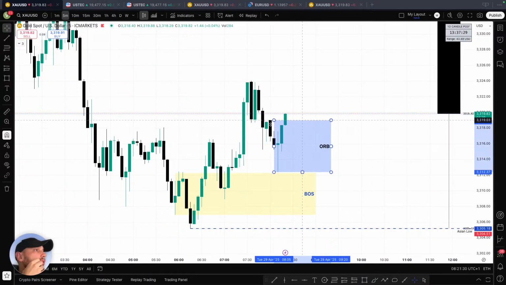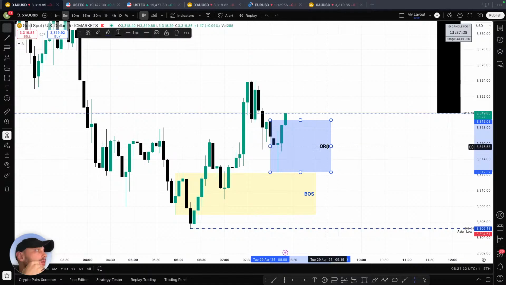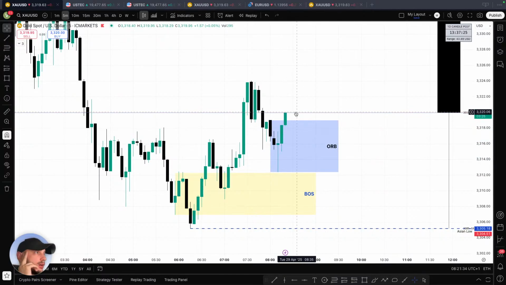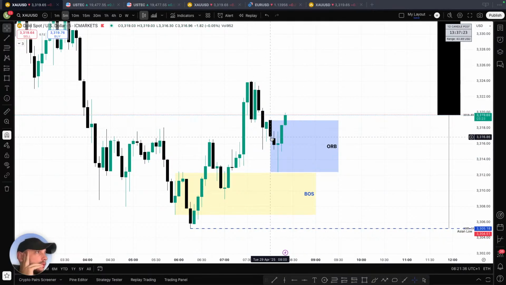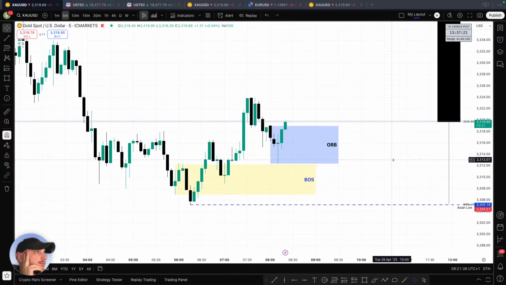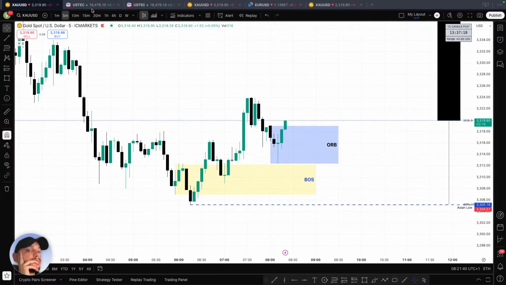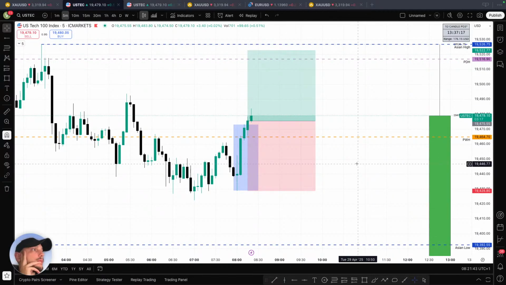Oh no, it didn't break. What did I do? Now it's trying. I forgot this candle. Now we wanted to see some more force here.